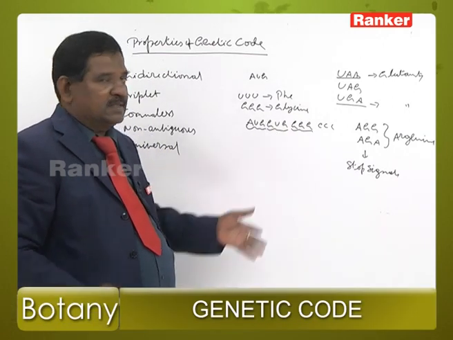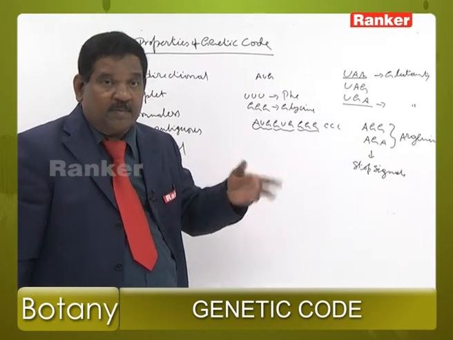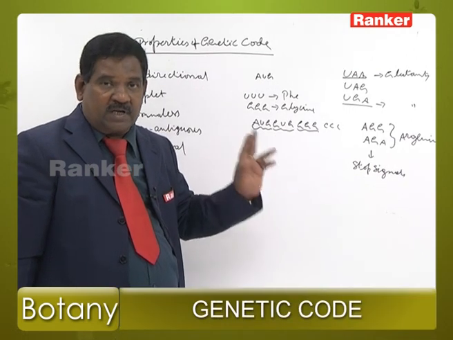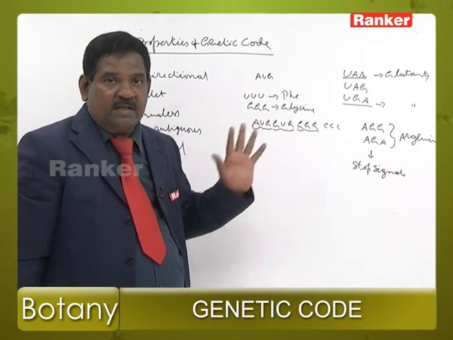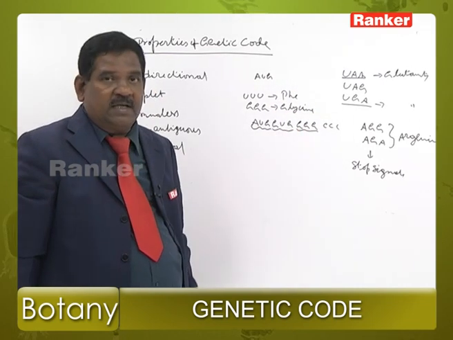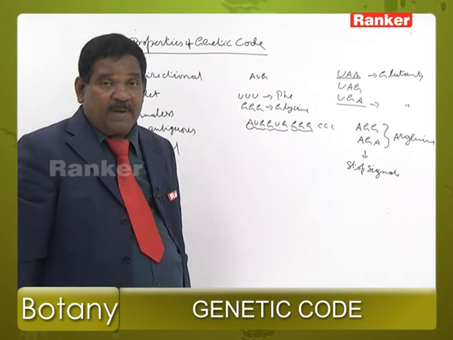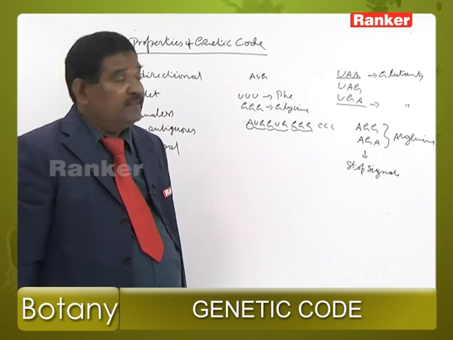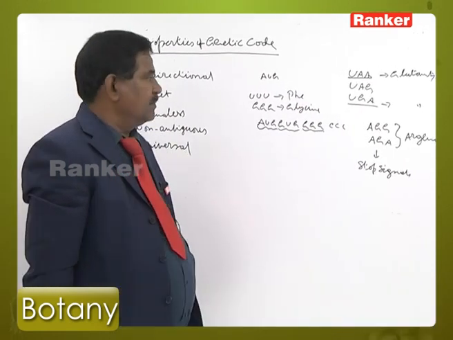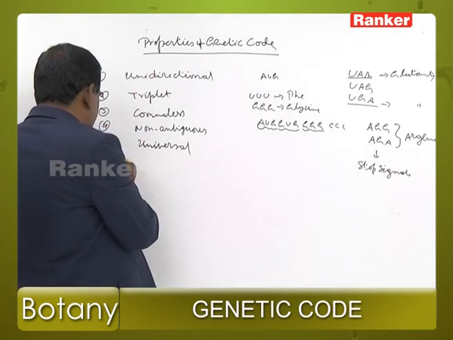AGG, AGA are the codons that recognize arginine in all organisms, but in human mitochondria they act as nonsense codons, stop signals or chain terminating codons. UAA, UGA are chain terminating codons in almost all organisms, but in some ciliates like Paramecium, they recognize glutamic acid, the glutamate. These are the exceptions.